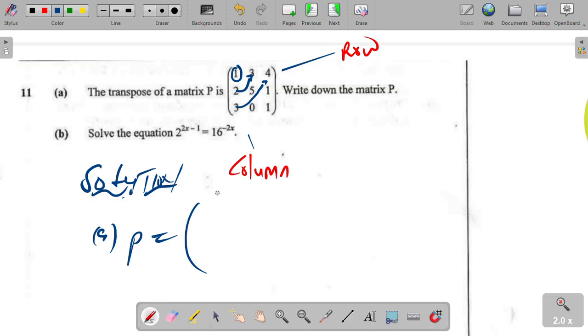I'm transposing now. I'm going to write 1 2 3. In the second row, I'm going to write 3 5 0. Remember that this 3 5 0 is a column, so I need to make this become a row. So 3 5 0.